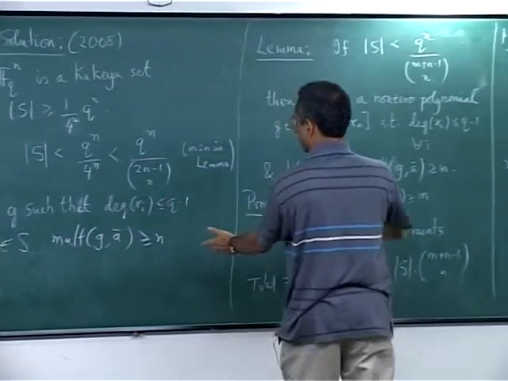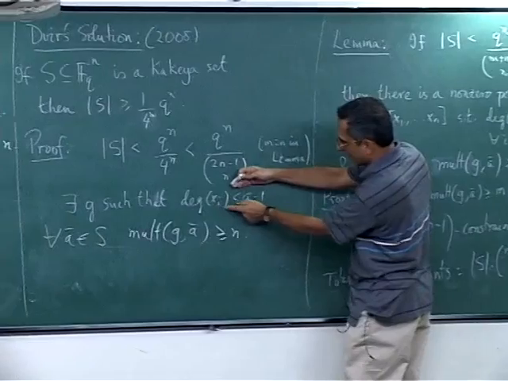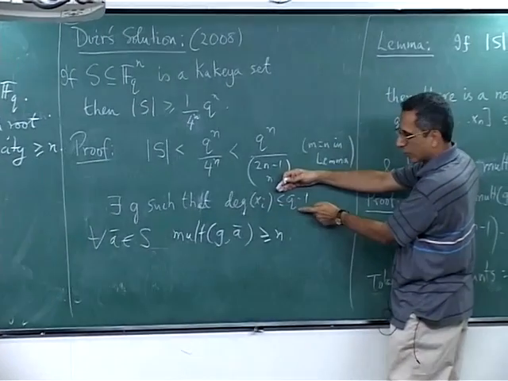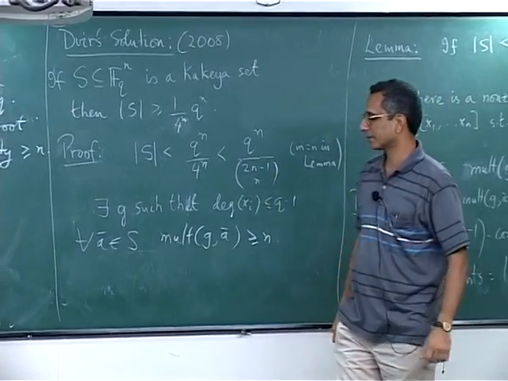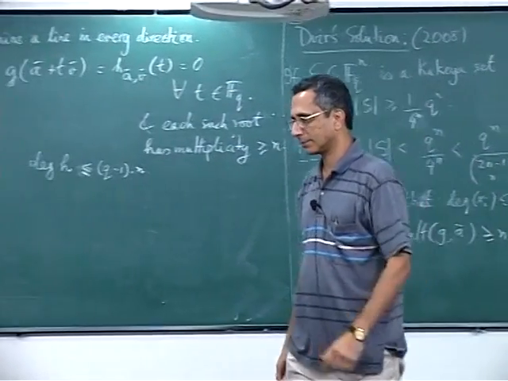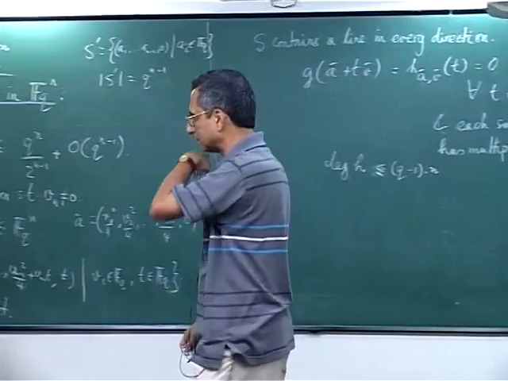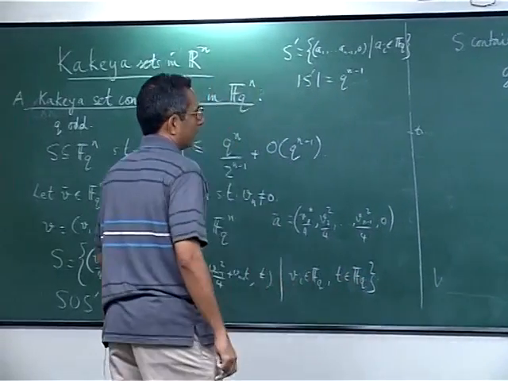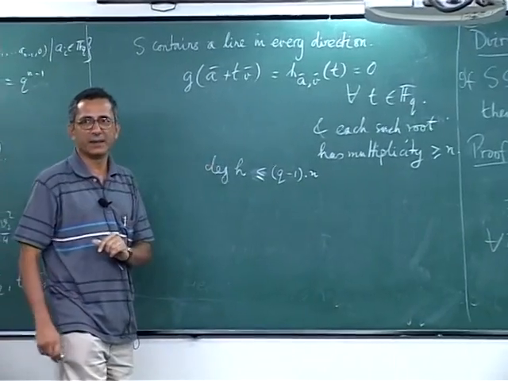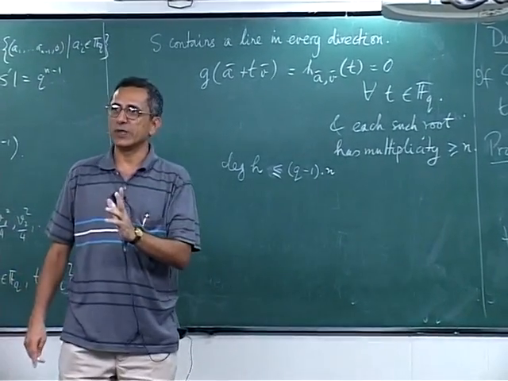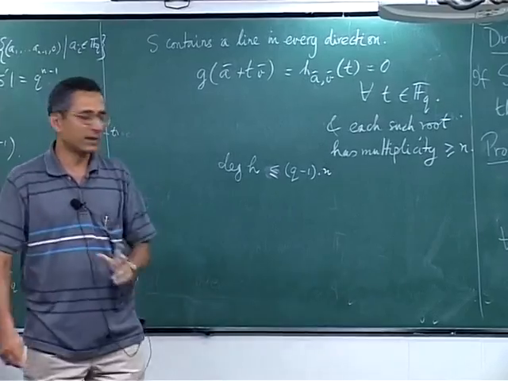In this construction we only ensured that the individual degree of each of the xi's is q minus 1. So the degree is this much, but each root occurs with multiplicity n. I have q roots, each of them occurring with multiplicity n.